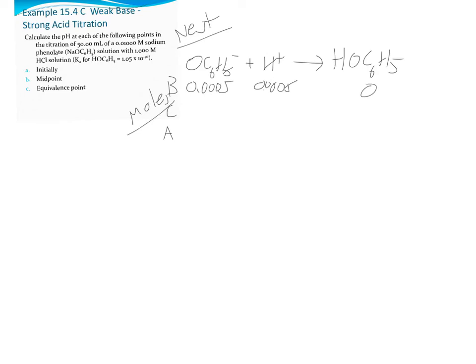So for our phenolate, both of those are going to go to 0, so minus 0.0005. At the equivalence point, those are both gone. We're going to add that over here, 0.0005.